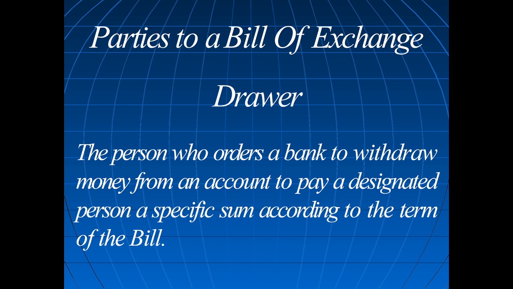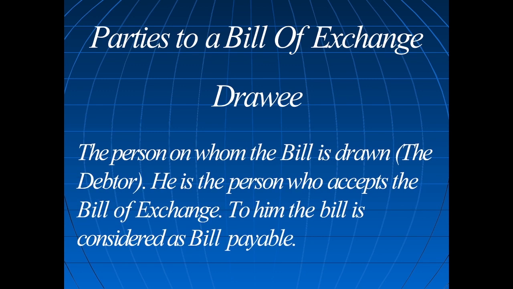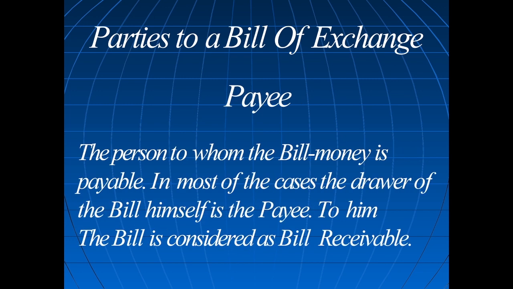When the drawee or acceptor accepts the bill, then it comes under legal sense. The drawee is the person who purchased the goods, received the bill, and accepted to pay the money against the bill by signing on the bill. The payee is quite different from the drawer.